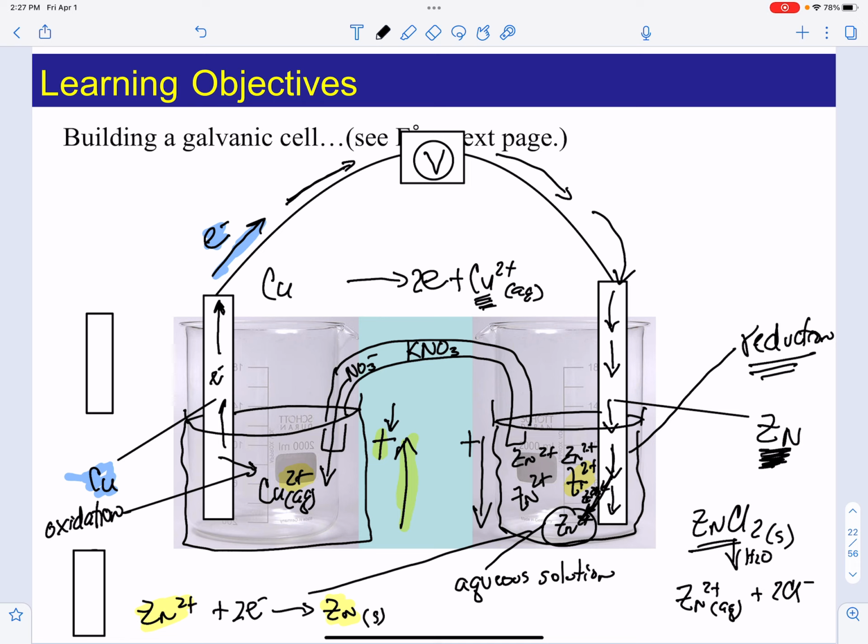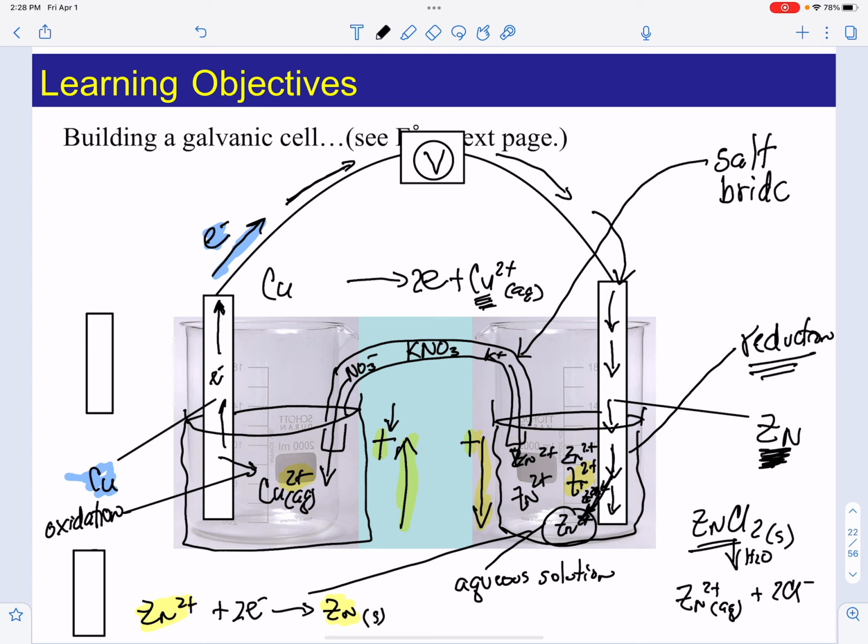In a similar fashion, where the positive character is decreasing, we're going to bring more positives. So the K plus will travel there to bring the positive balance back up. This particular part of the cell is what we call a salt bridge, because that's what it is.